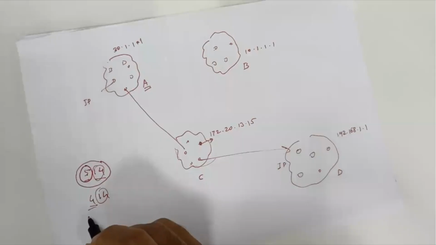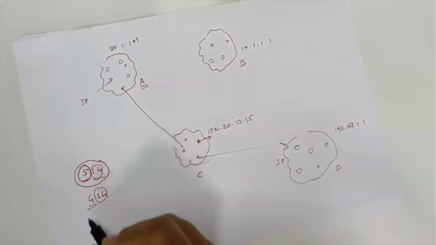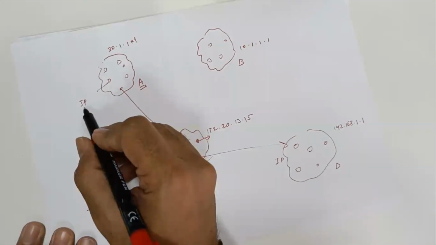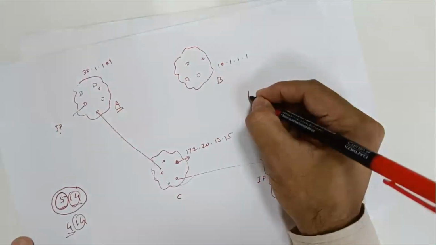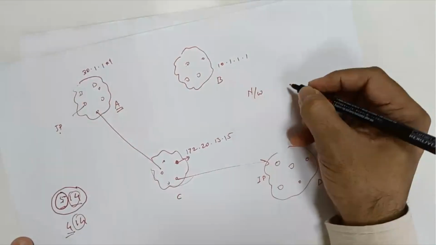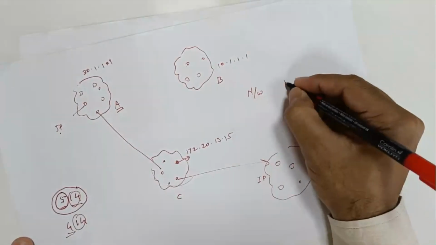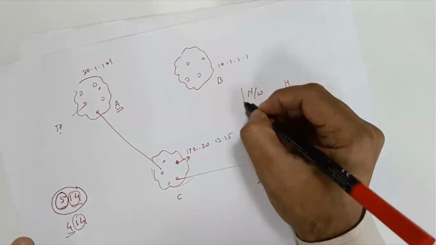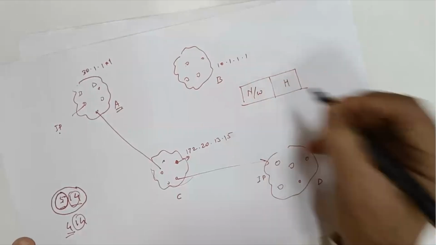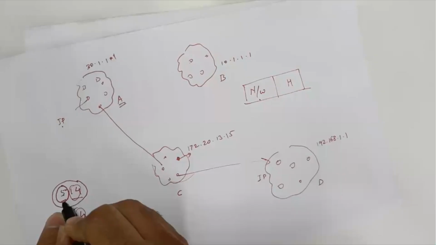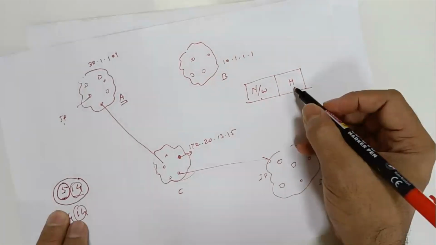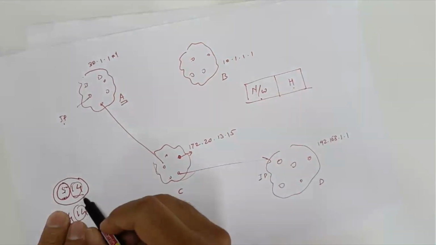So similarly every IP address also has two different parts. One is the network part and the other is the host part. The network part is similar to the floor number, and the host part is similar to the flat number.